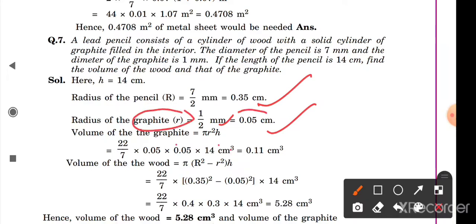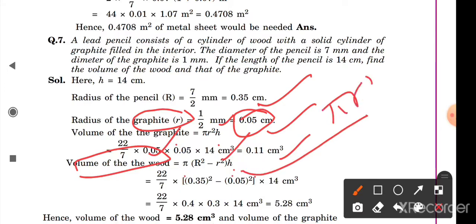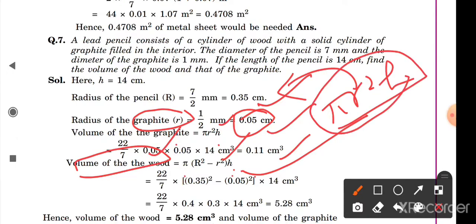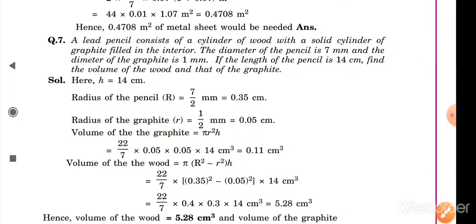R you will use 0.05 here, and h is given as 14. You will get this. Now the volume of wood. For finding the volume of wood, you have to subtract, or you can do it like that also. You can find the volume of the pencil first, pi r square h, and in the place of r you will write 0.35, and whatever the answer will be, you will subtract the volume of graphite from that. You can do it like that also.